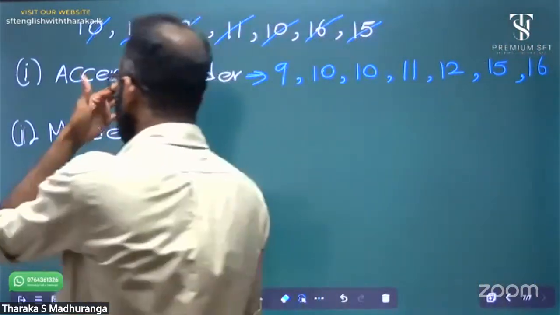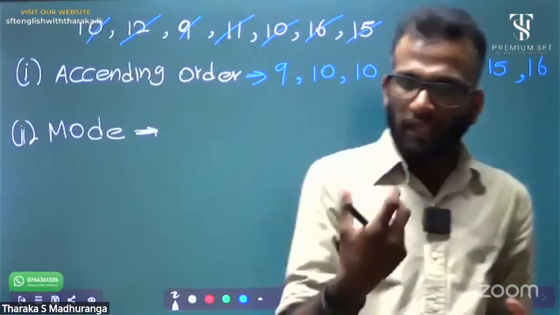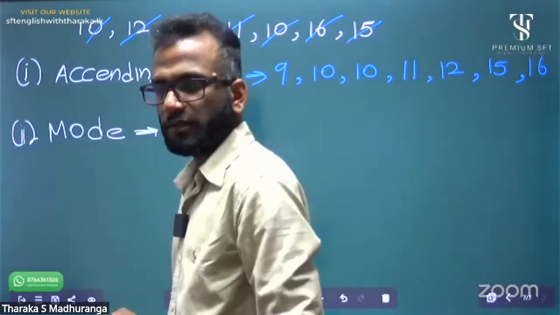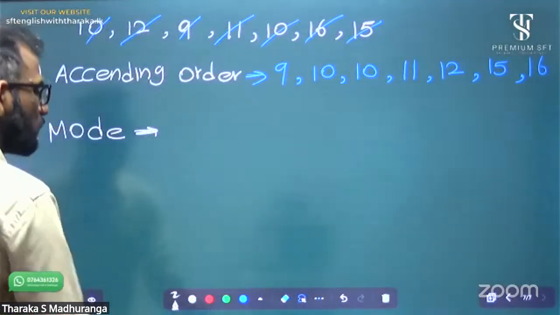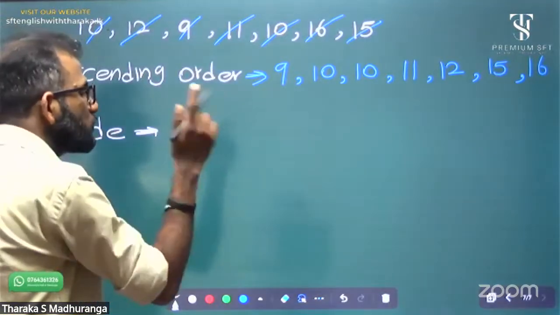Remember, the mode is the most frequent number, the most frequent value in the distribution. Most frequent value of any distribution is called the mode. Okay, write down the definition first.